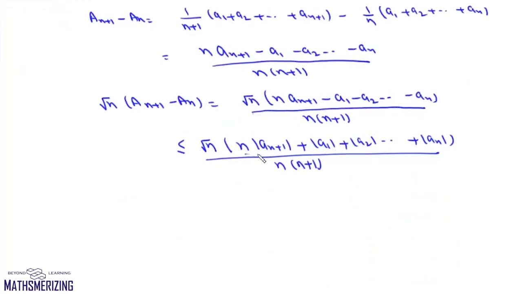So this is less than n, and this is 1 plus 1 plus up to 1, n times. So we can write it will always be less than or equal to square root of n into 2n upon n into (n plus 1). Now here we will cancel this n with n. So square root of n into (A(n plus 1) minus An) will be less than square root of 2n upon (n plus 1). Now we take the limit as n tends to infinity.